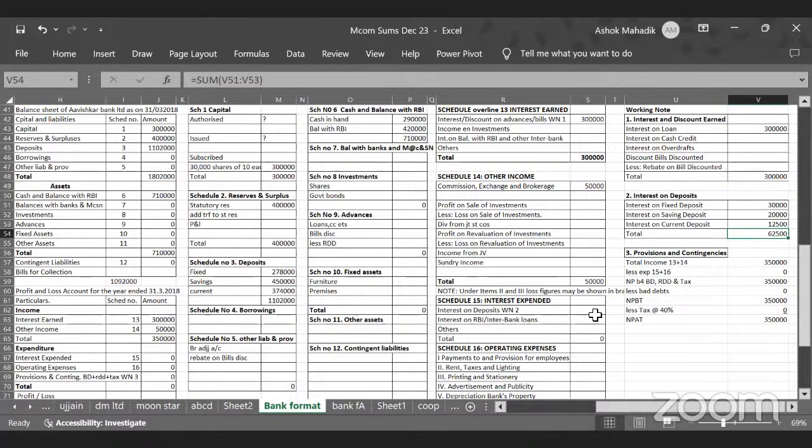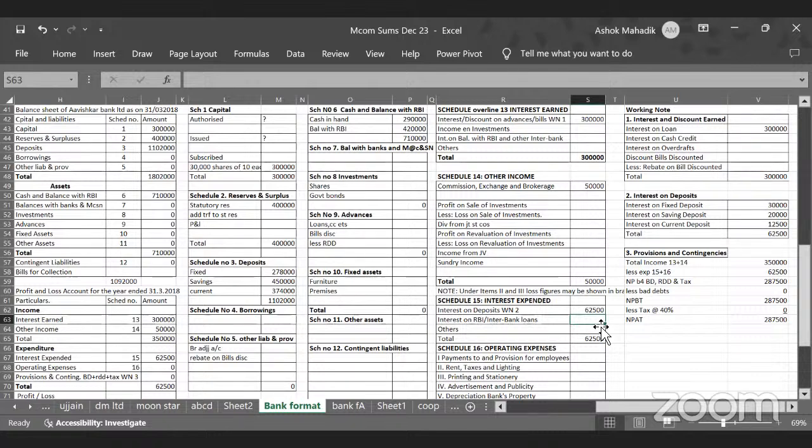I'll connect this item also with the respective schedule, so you get the value here. Clear? I have connected the values, nothing else. So we are done with the interest part, interest on deposits.